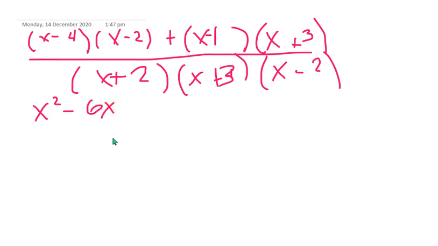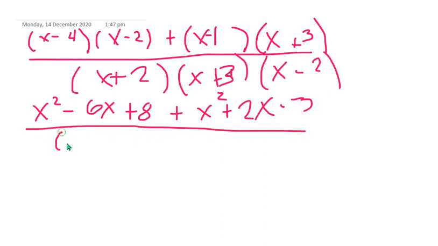Negative 2 times negative 4 is 8, plus x times x, x squared. Negative 1 plus 3 is 2. Then, the product, negative 1 times 3, is negative 3.